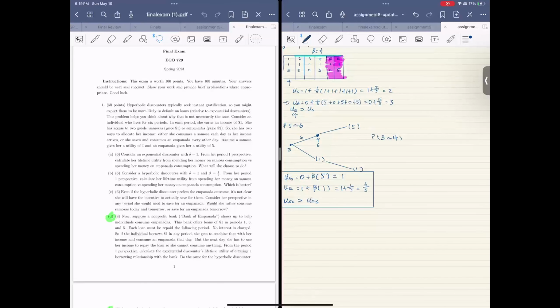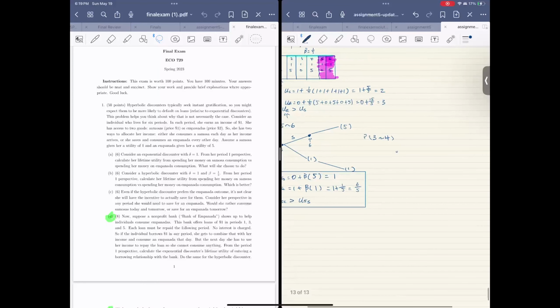So this is period 3. We can either save or consume. At this point, we can keep saving. So this is period 3, and this is period 4.